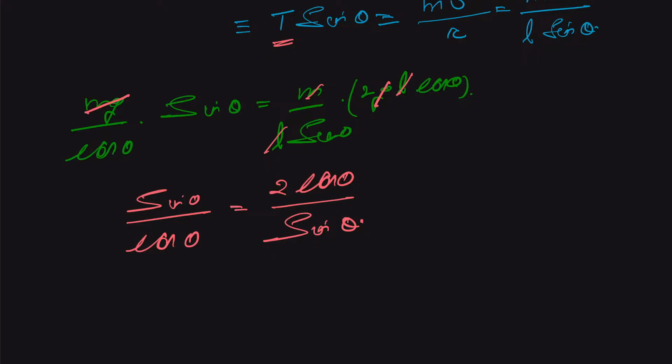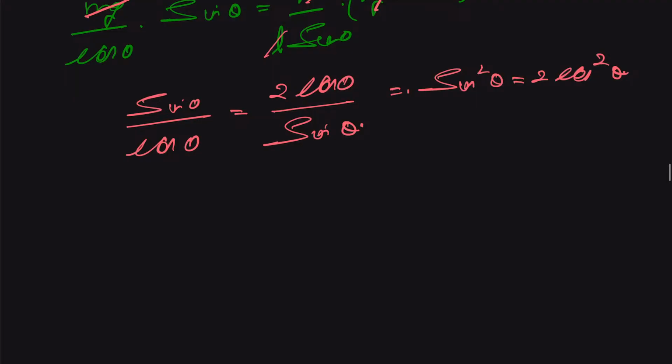and this will be giving us sine square theta and 2 cos square theta, and sine square we can write as 1 minus cos square.